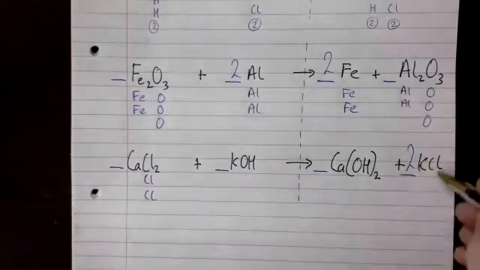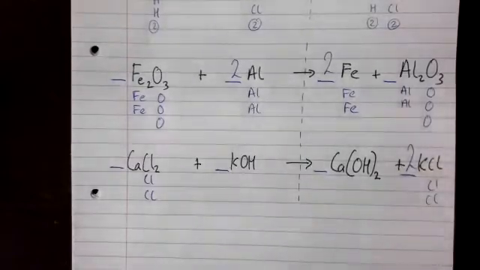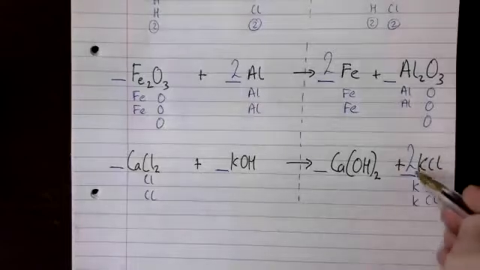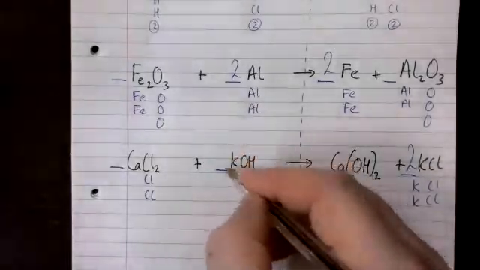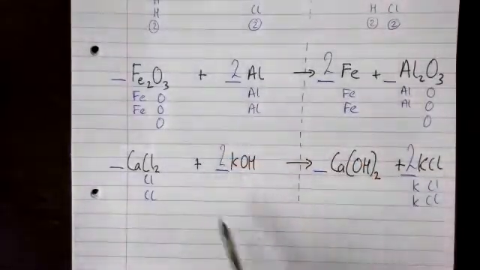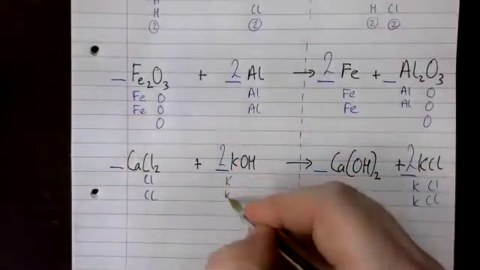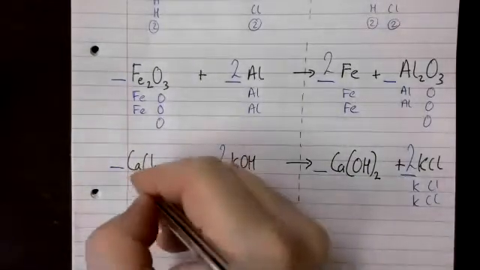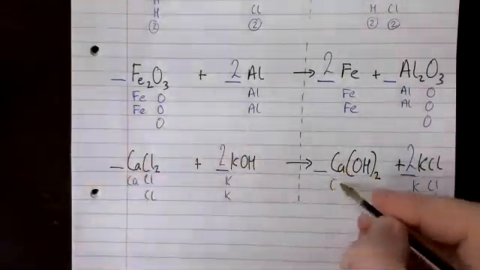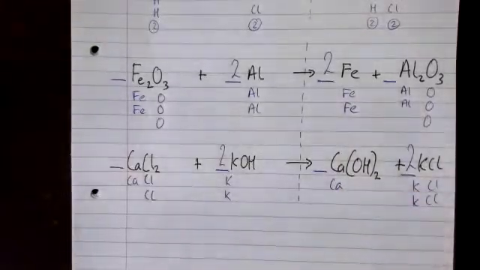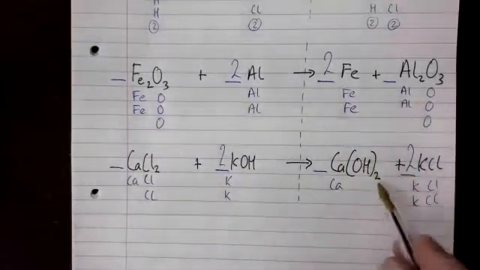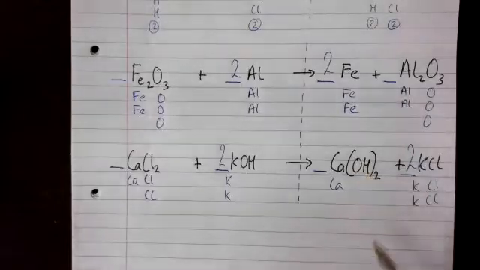So that now gives me 2 chlorines over here. But it gives me 2 potassiums, look, because I've put a 2 in front. So I've got to have 2 potassiums over here. So that gives me 2 potassiums, okay? I've got 1 calcium over here at the moment and 1 over here. So next thing, OH2 in brackets means I've got 2 lots of OHs in here.